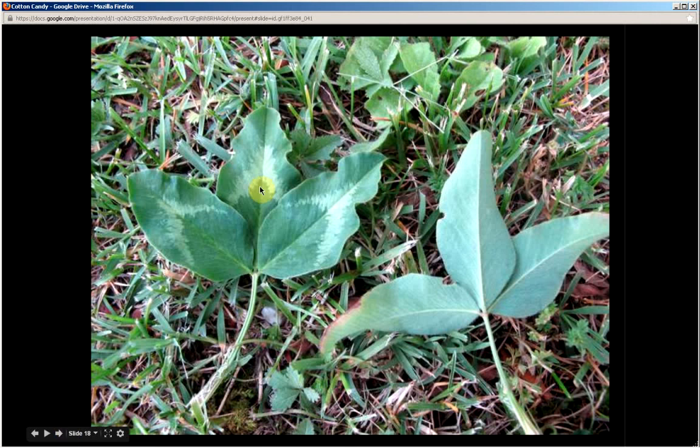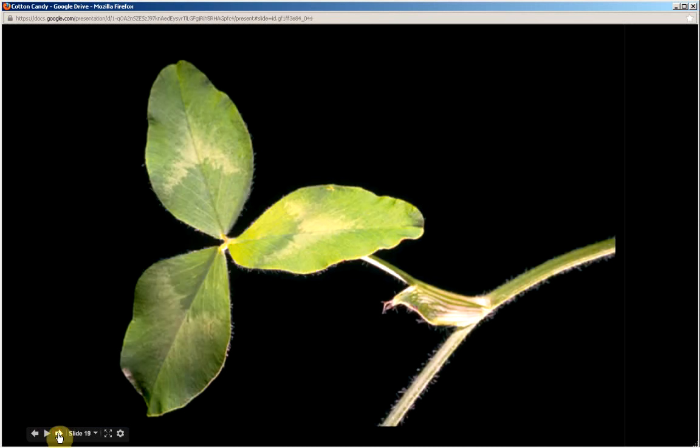Chevrons on the top surface, not on the bottom surface. Compound leaf, 3 leaflets, characteristic of the 3-leaf clover. 4-leaf clovers are more rare.